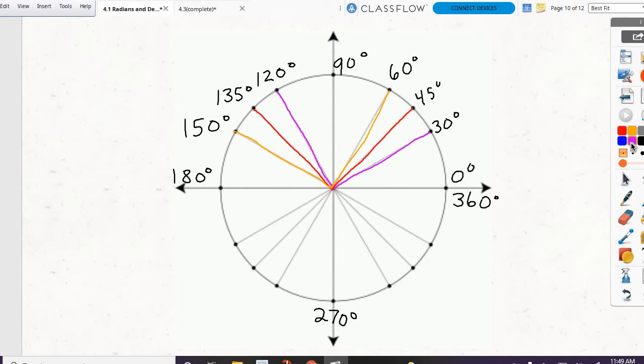So now, if I'm looking at the ones that are in my third quadrant, how could I find those? Add 180.